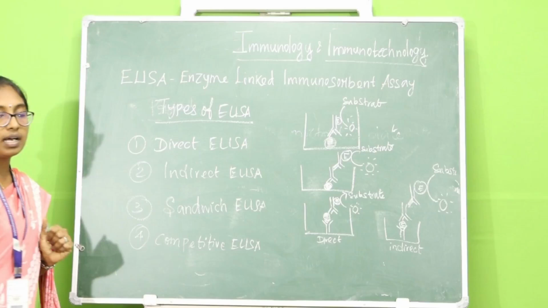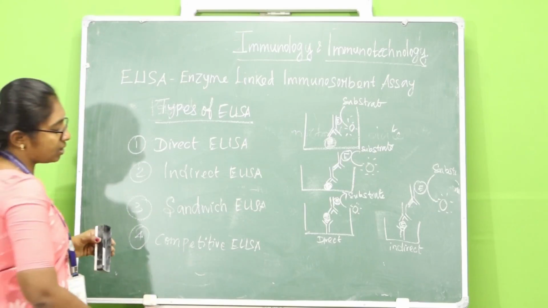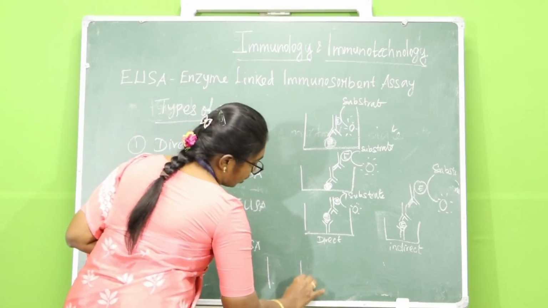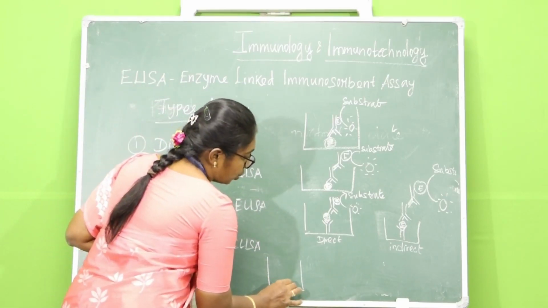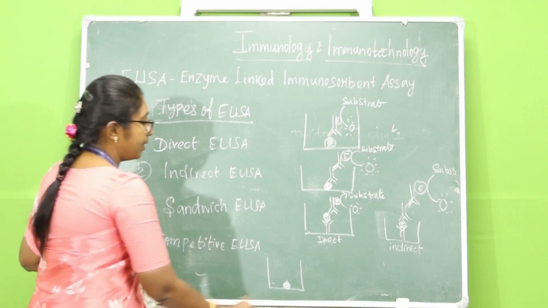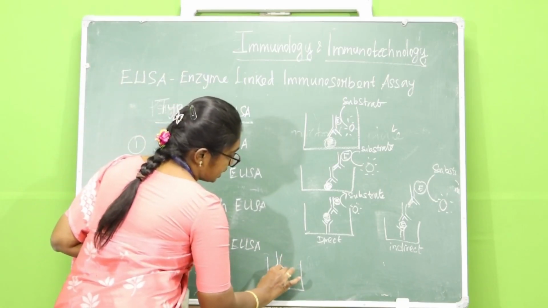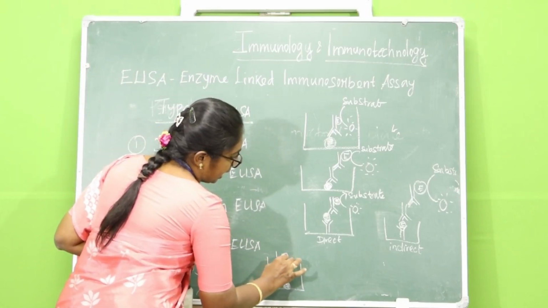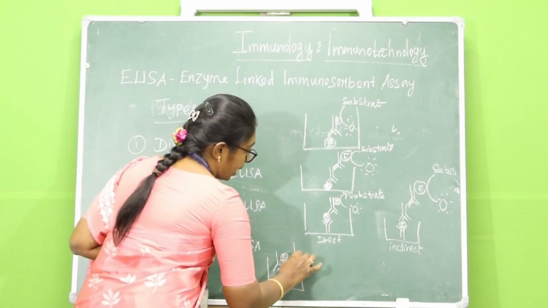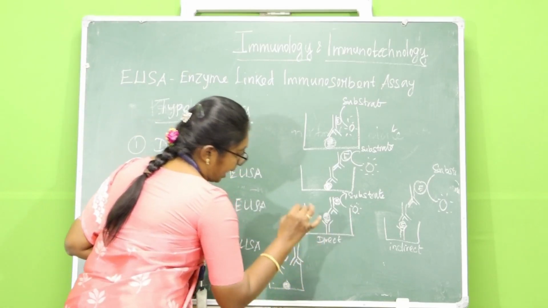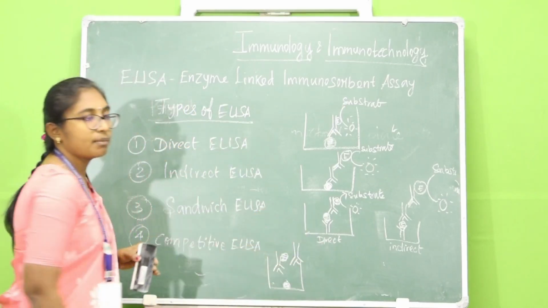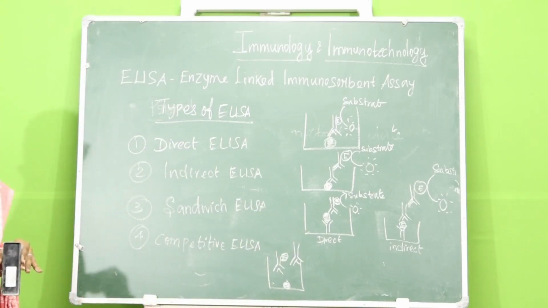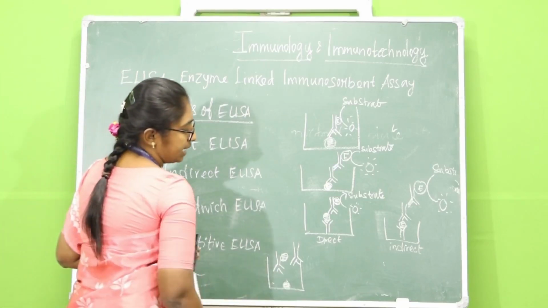Then we go to competitive ELISA. What is competitive ELISA? To the microtiter well plate, we add an antigen. To the antigen, we add two antibodies: one is an enzyme-linked antibody and the other is an enzyme-not-linked antibody. These two will compete for the site on the antigen.